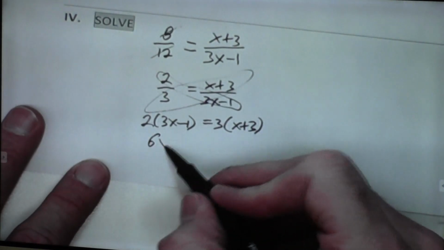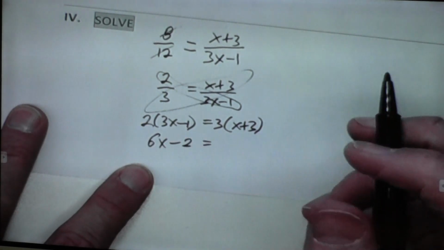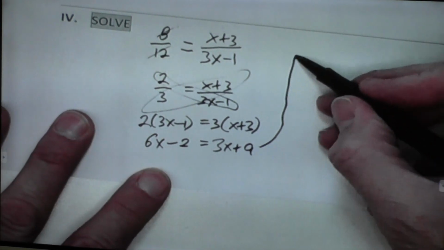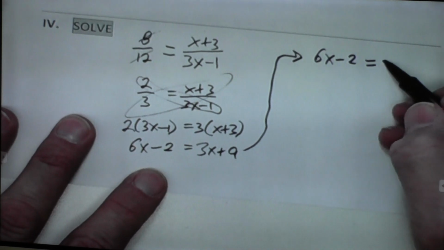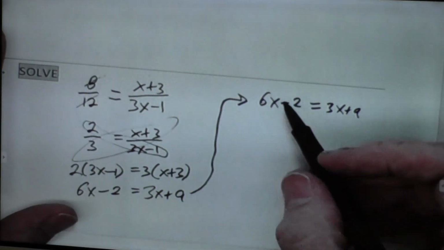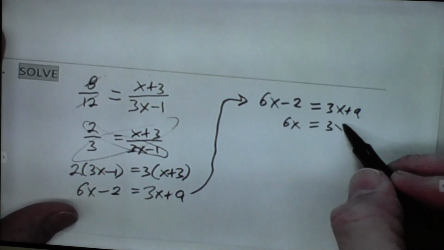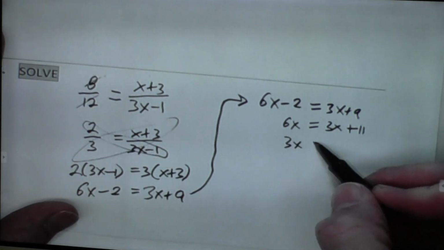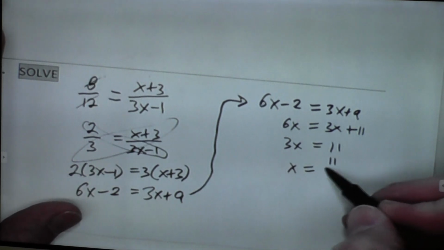Okay, 6x minus 2, and 3x plus 9. Bring it up here: 6x minus 2 equals 3x plus 9. I'm running out of space here, and then I'll add the 2 to both sides, so I get plus 11. Subtract the 3x from both sides: 3x equals 11, and divide by the 3: x equals 11 over 3.